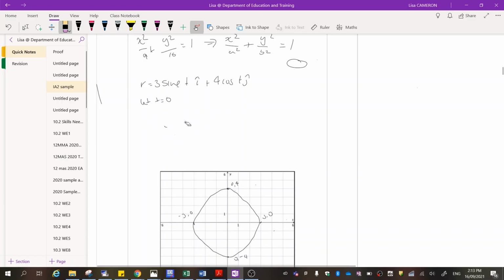So let's let t equal a different value. Let's sub in t as 1. Then we've got 3 sin 1 plus 4 cos 1. You'd need a calculator to find sine of 1, but this ends up with x about 3.